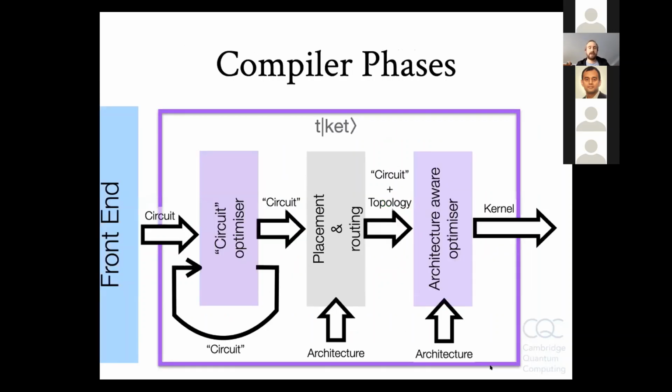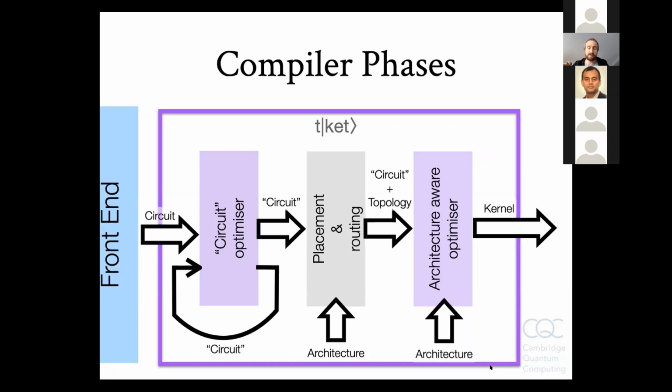So what is happening internally is that we have some front end, let's just say it's Python, which is generating a very primitive description of the circuit. And then we feed this into our optimization routine, which can do a lot of different transformations to it. And then this emits a circuit or some other abstract description of the computation to a later phase, which knows about the architecture of the computer. And that phase then does what we call placement and routing.